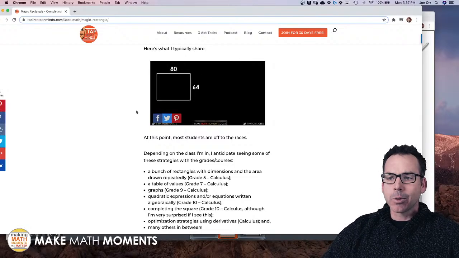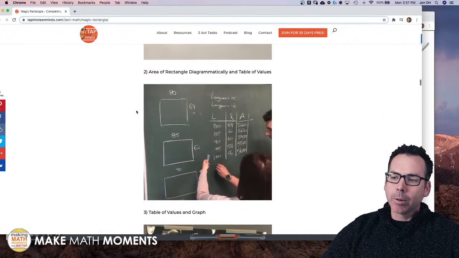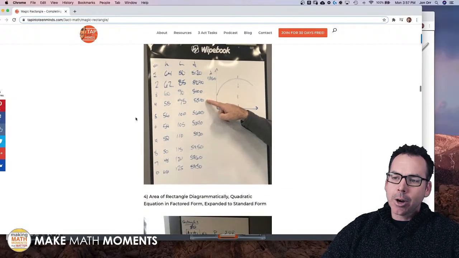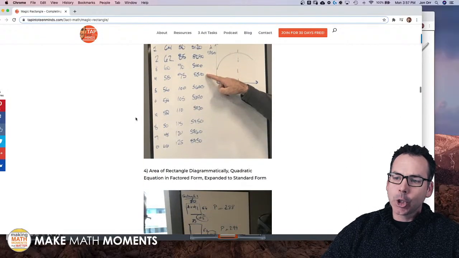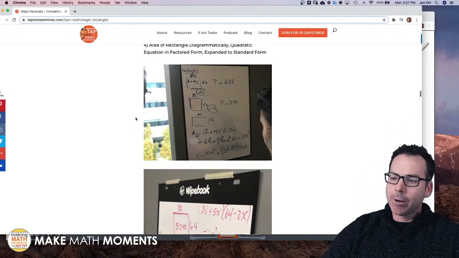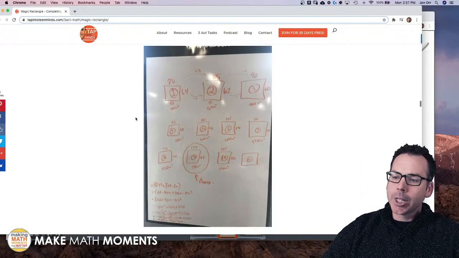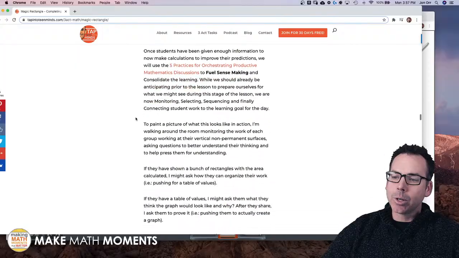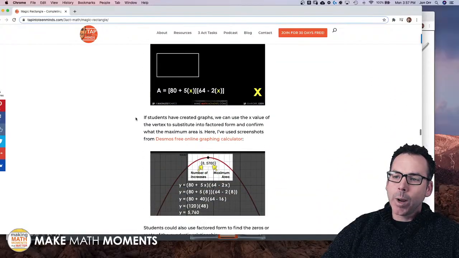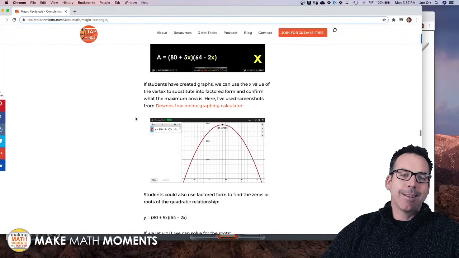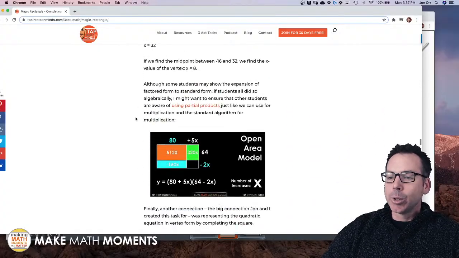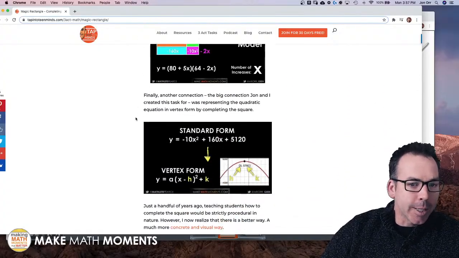And so then kids will start to make tables and charts, and they're starting to see what happens as the areas change, as dimensions change in the areas. And eventually you can generalize what's happening here, and you can make this algebraic expression. And then you have this great moment to complete the square with algebra tiles.